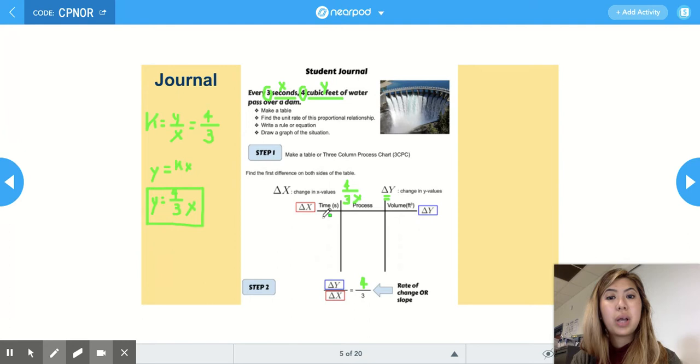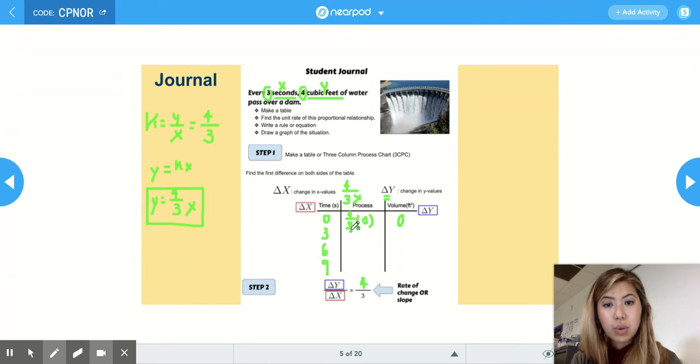So I'm going to plug in some x values, or some times. Let's say 0, 3, 6, 9. In the process column, all I'm going to do is multiply the 4/3 by those x values. When x is 0, we're multiplying 4/3 times 0, which makes 0.